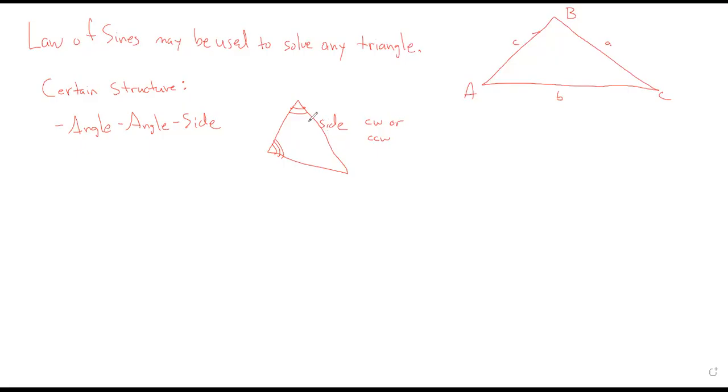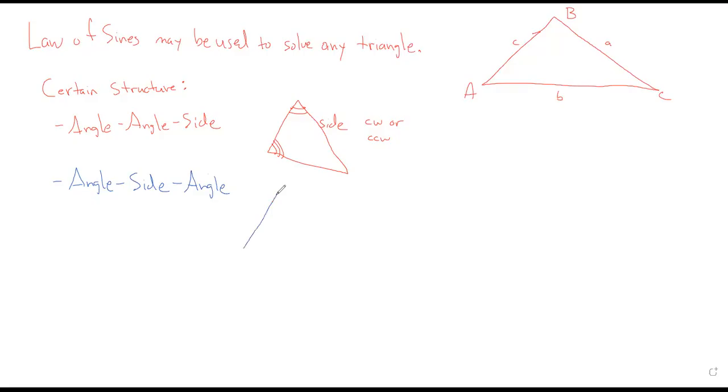So if you pick any one of these starting vertexes of your triangle, and you start reading out the information that you know, and if you read it off in this kind of a pattern, then you have an angle, angle, side triangle. And law of sines may be used on this. We also have the angle side angle formulation.